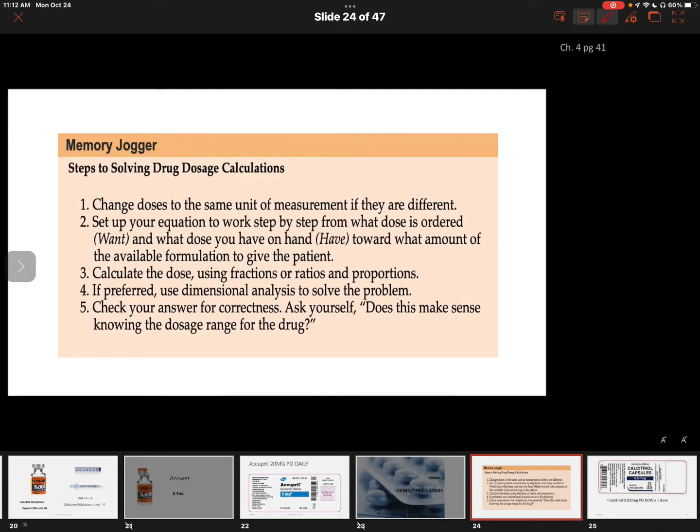In Pharm 2, you're going to begin to learn the dosages of certain medications and what we consider an average dose, low dose, high dose, or extremely high dose, which should not ever exist.